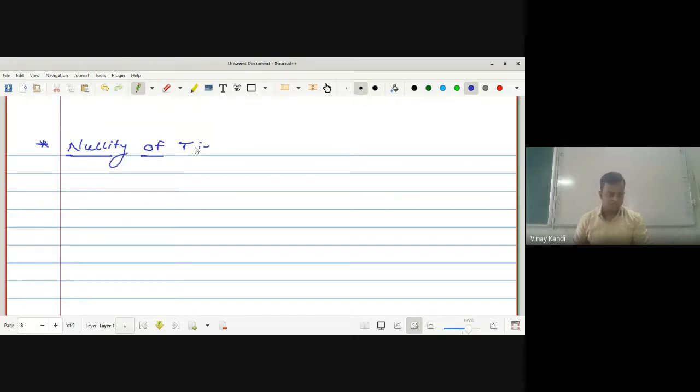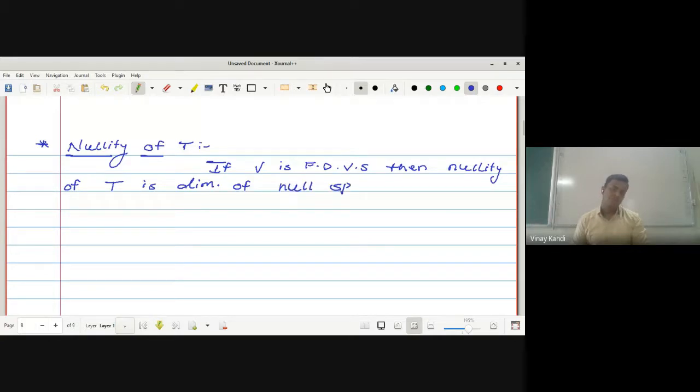So what is the nullity of T? If V is a finite dimensional vector space, then the nullity of capital T is the dimension of null space of T. The nullity is what?